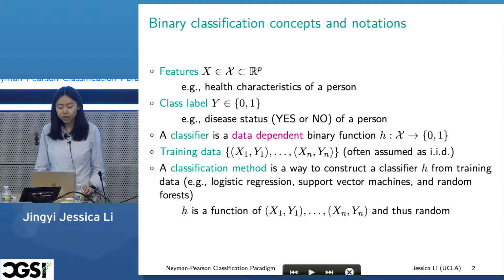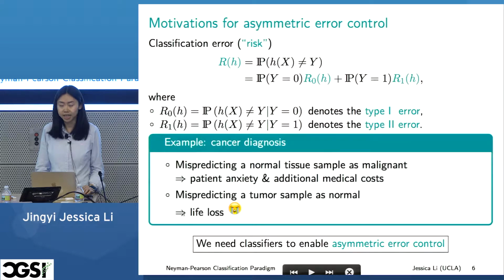In classification, we have this important quantity called classification error, or risk, short as R(H). It is the probability that our predicted label is different from the actual label. We can decompose this probability into a summation, and each term is the product of the marginal probability of that class times a conditional probability.